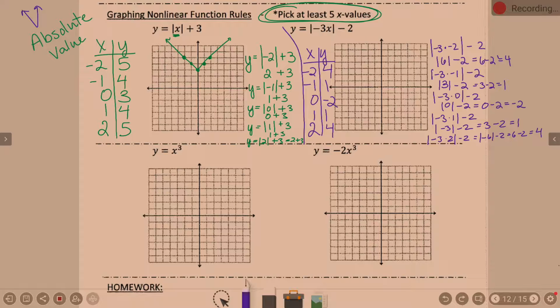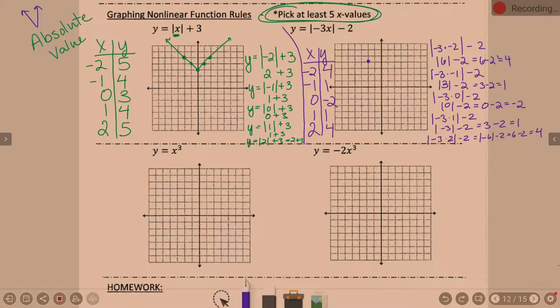Okay, did you graph it? So -2, 4. Negative, left 2, up 4. -1, 1.